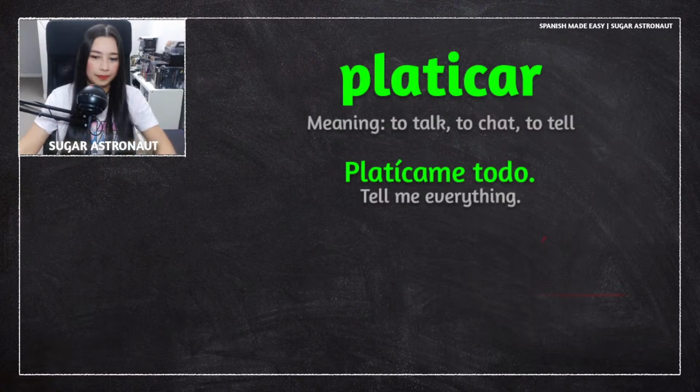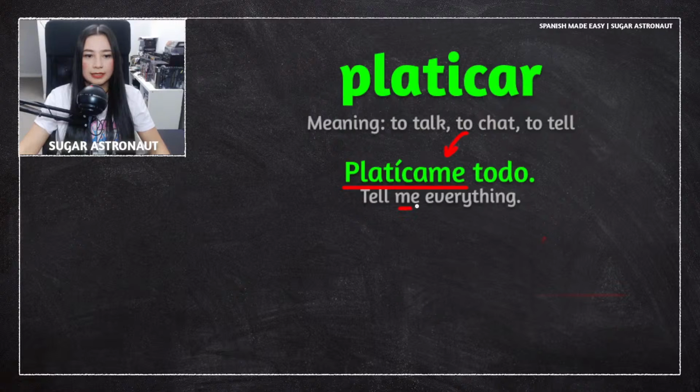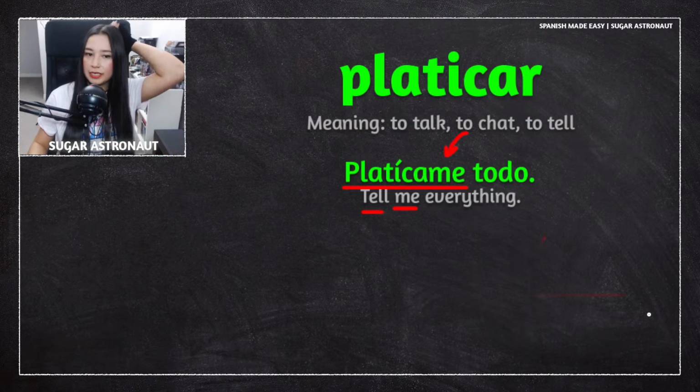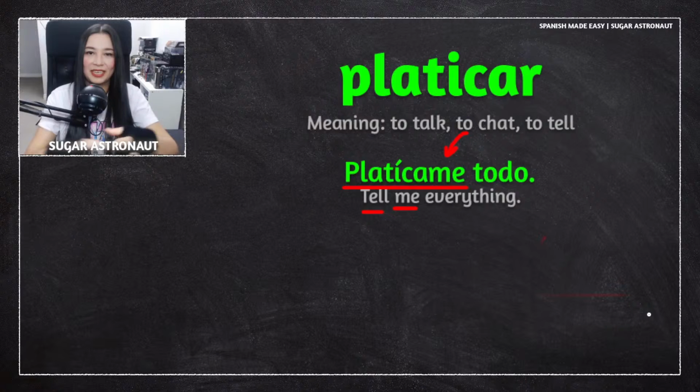Platícame todo. Now, platícame, we have a pronoun here, me, which means me, okay? And platica, tell. But in Spanish, we do this a lot. We attach pronouns to verbs. It's a common thing.